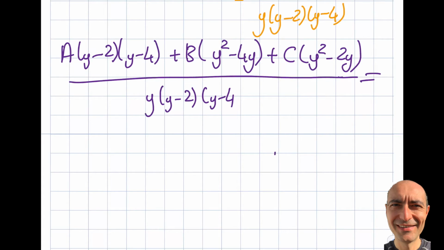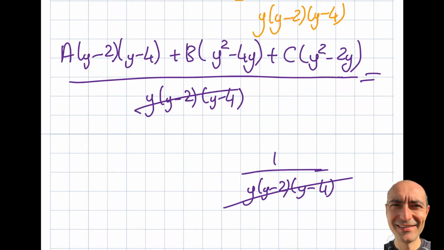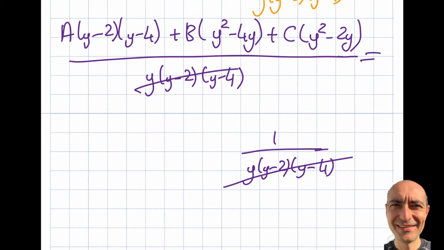I'm going to go to the next page. So it's going to be 1 divided by y times y minus 2 times y minus 4. Do you see that these denominators will cancel each other out? Because they are the same. So now let me look at the left hand side first, and the right hand side is kind of easy.